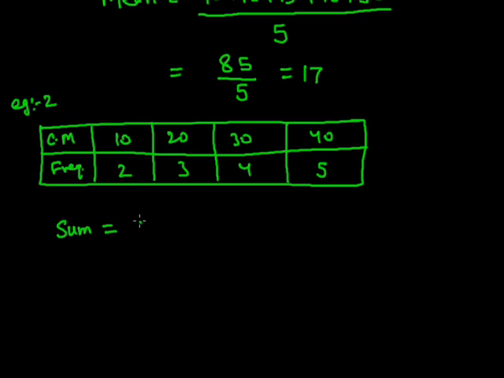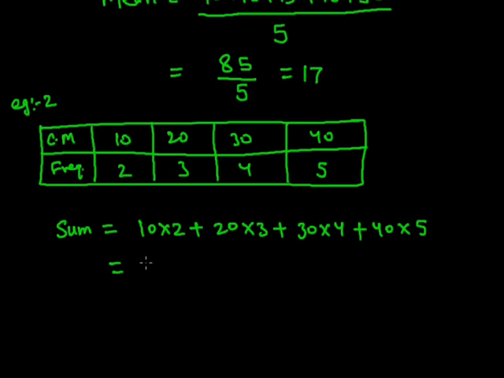So instead of that, we'll do 10 into 2 plus 20 is appearing 3 times, so it means we need to add 20 three times. Instead of that, we'll do 20 into 3 plus again 30 is appearing 4 times, that is 30 into 4, and 40 is appearing 5 times, so that is 40 into 5. This we need to do to find out the sum of observations.